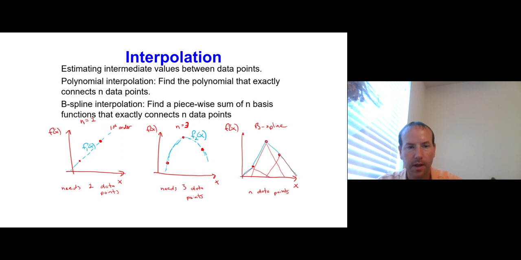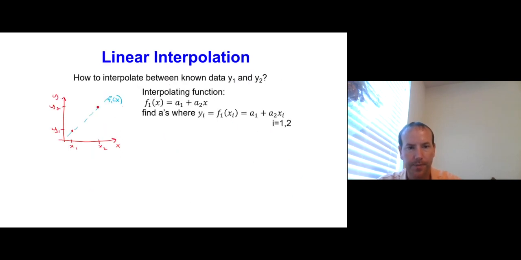Okay, so the first type of interpolation is linear interpolation. Let's take a look at how that works. Basically, we're going to start out with 2 points right here, and we're going to be trying to find the line that goes through them. The interpolating function is just a line, as you're very familiar with. And how do we find that line?